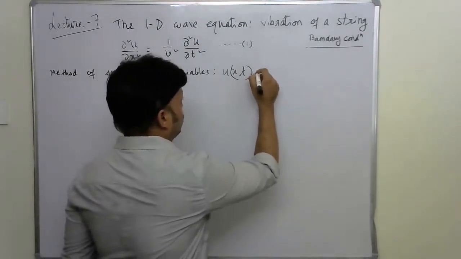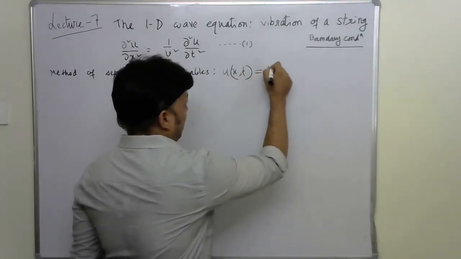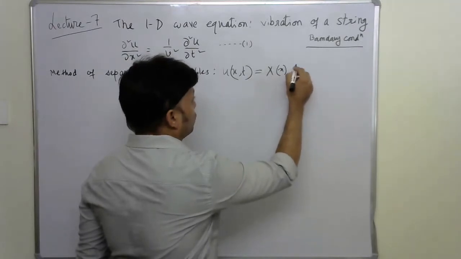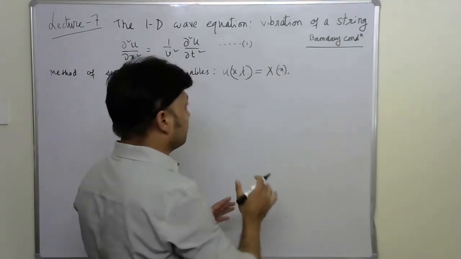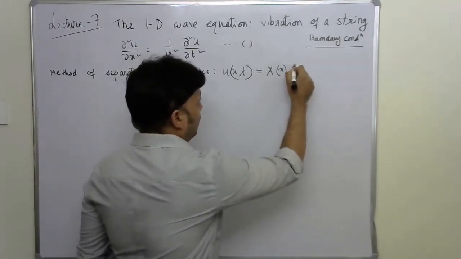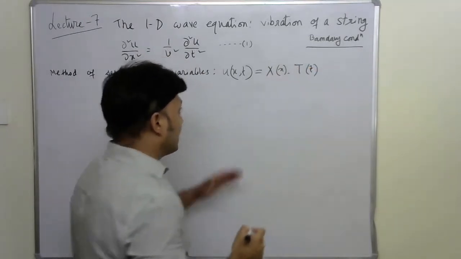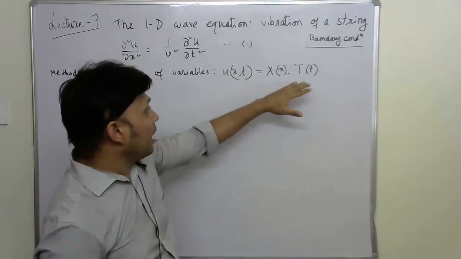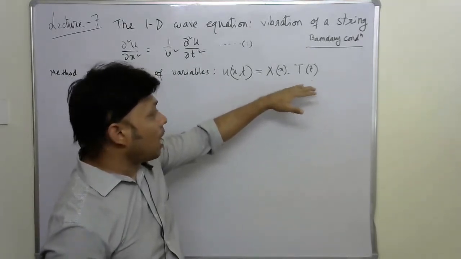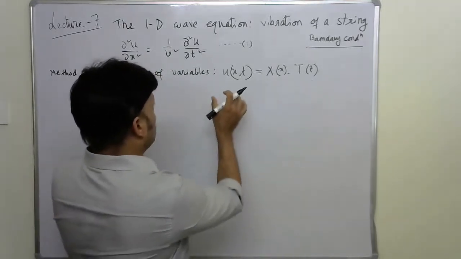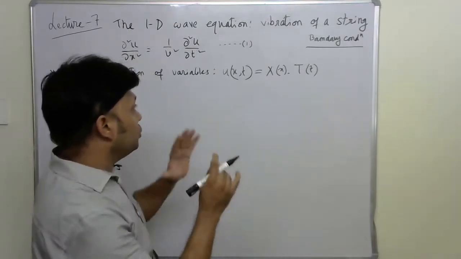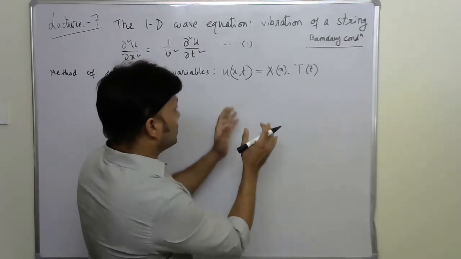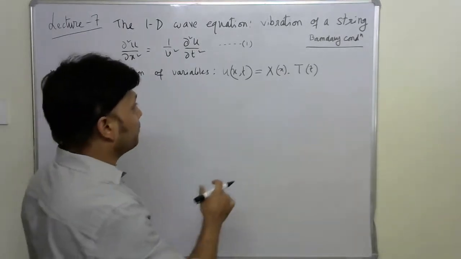Let's assume that this function can be written as the product of two independent functions: the function of x, denoted as uppercase X, and the function of t, denoted as uppercase T. So u(x,t) is actually the product of two functions that are independent from each other.